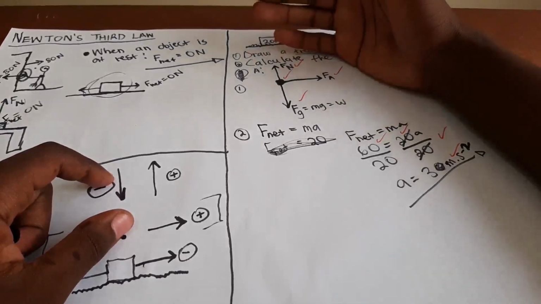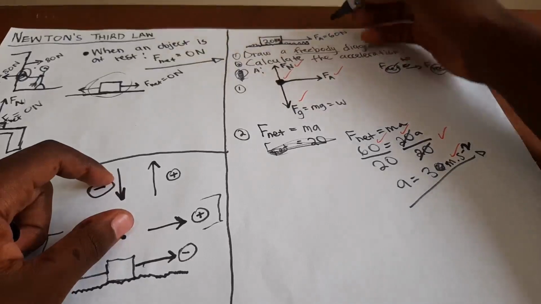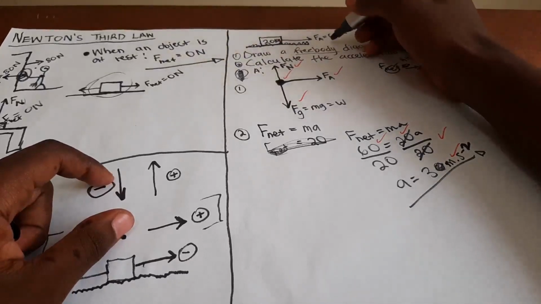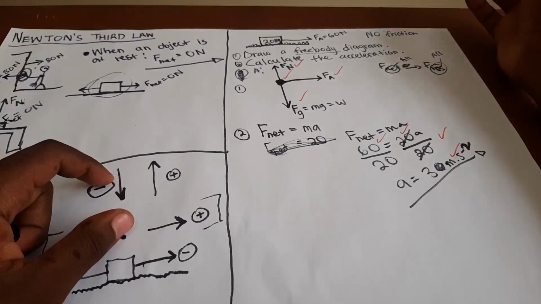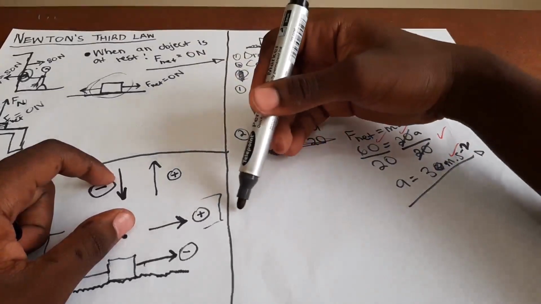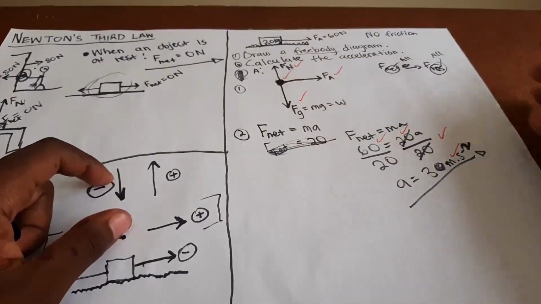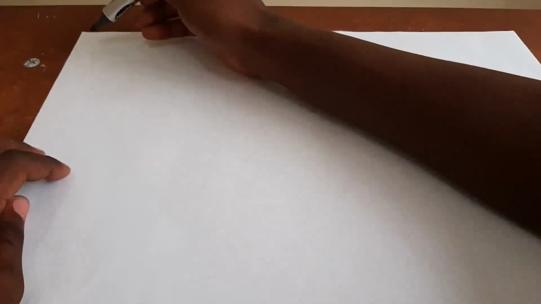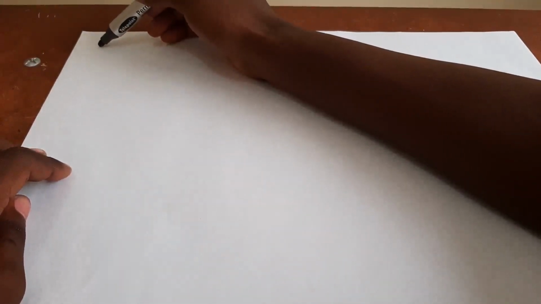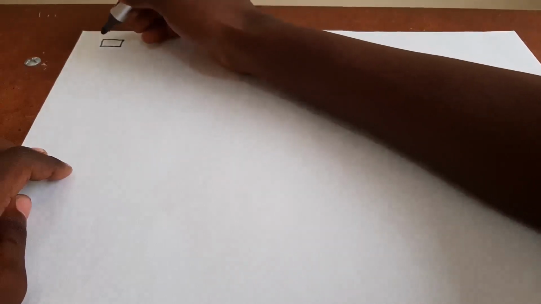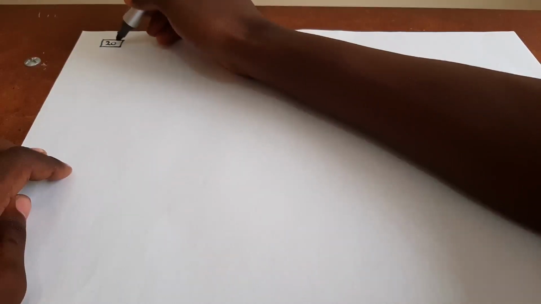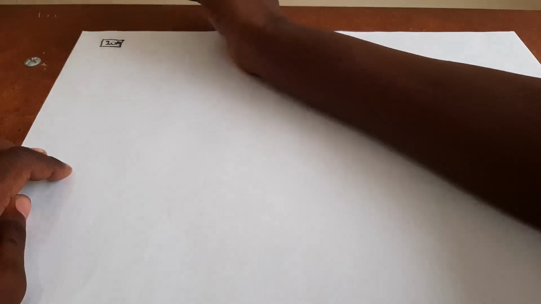So that you don't get confused, let me write a new one. So we have our 20 kg block here, this is the 20 kg block.